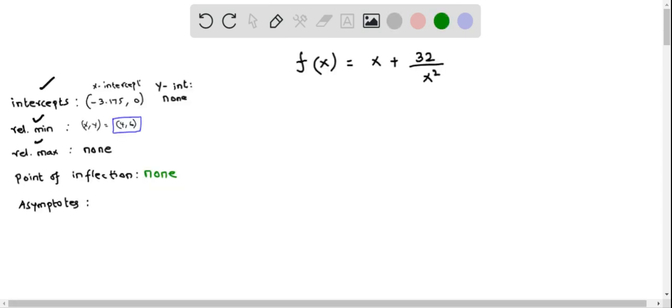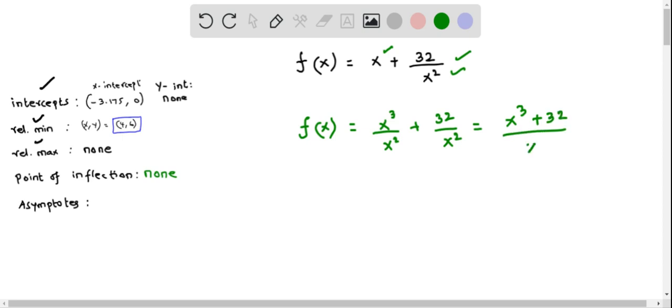We will now determine the asymptotes from the function f of x. First, I rewrite this f of x in terms of a rational function form. So I can multiply this x with the common denominator x squared. So therefore, it will become x cube divided by x squared plus 32 by x squared. And so this becomes x cube plus 32 divided by x squared.